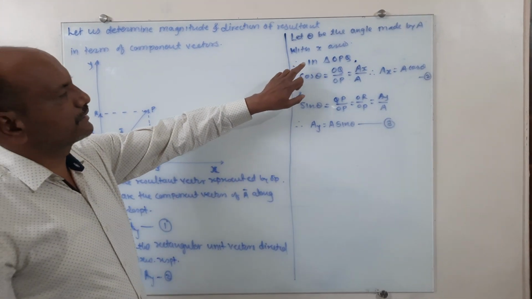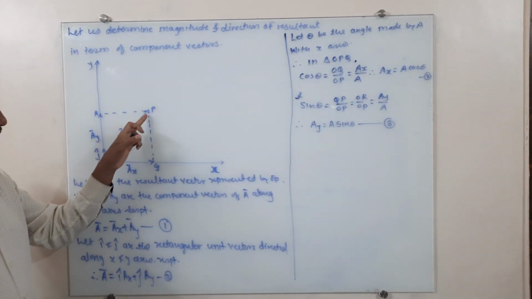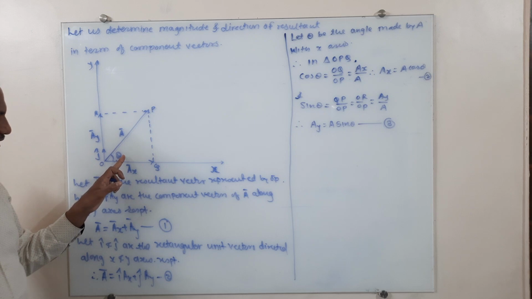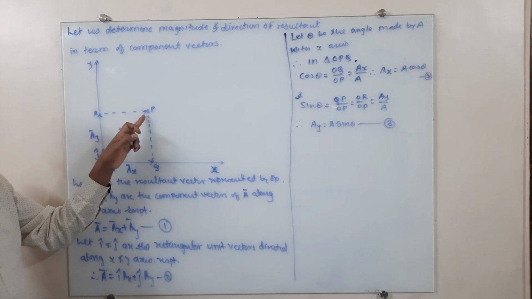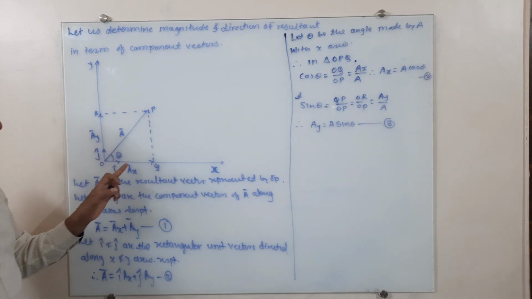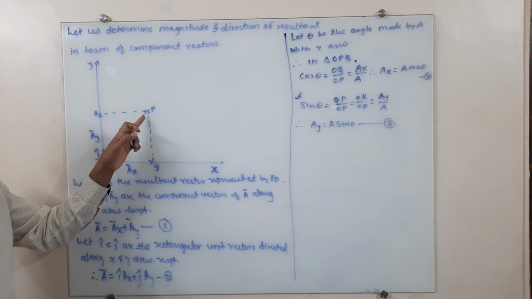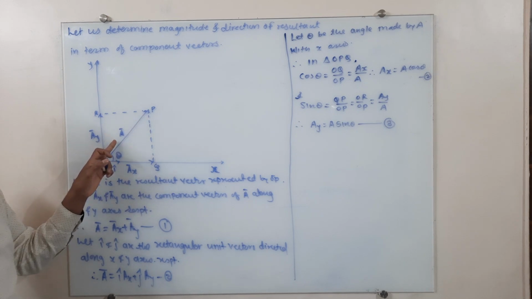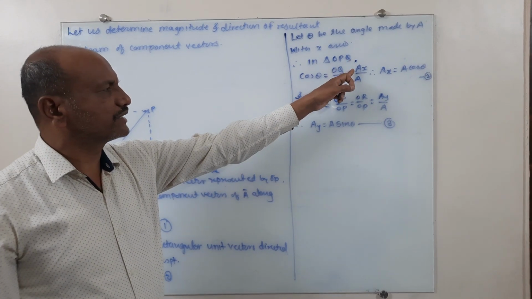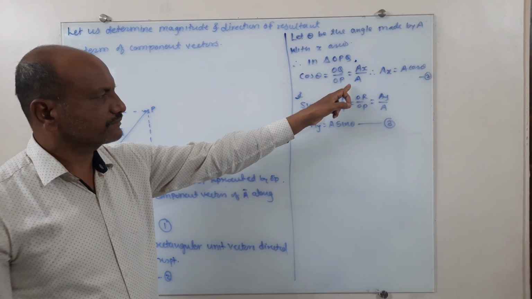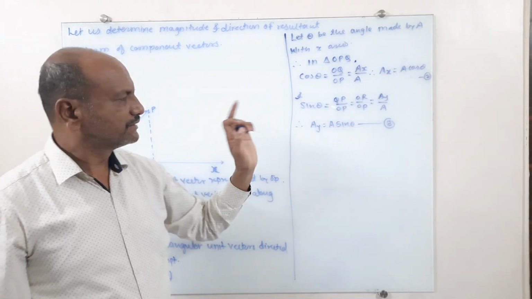In a triangle OPQ, cos theta is equal to OQ upon OP, but OQ is the magnitude of Ax. Length OP represents the magnitude of A bar, A. Therefore, we get cos theta is equal to Ax upon A. Therefore, Ax is equal to A cos theta.